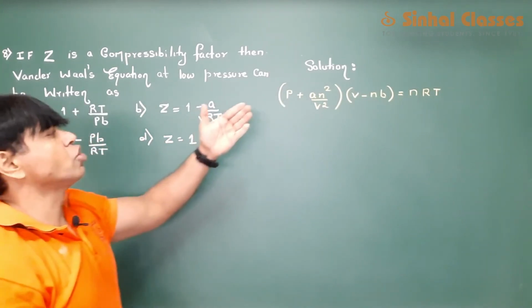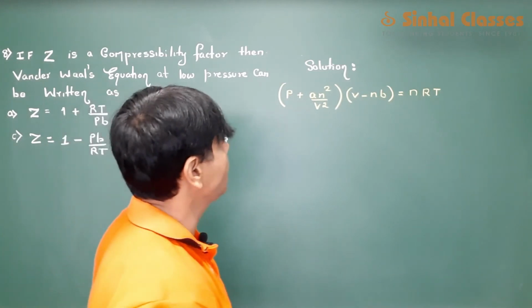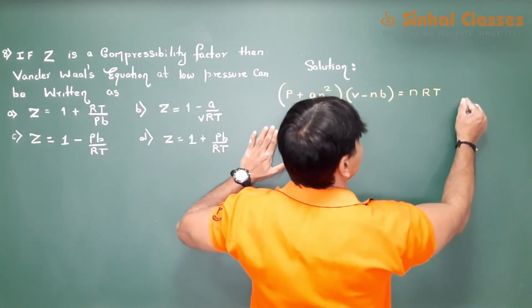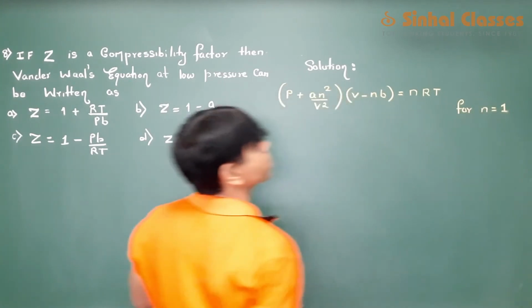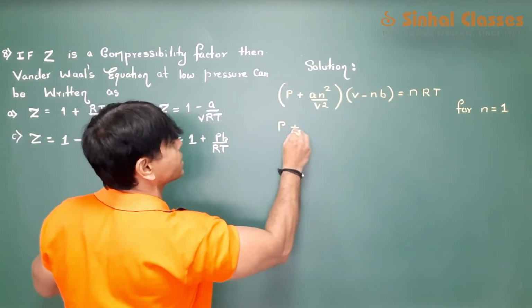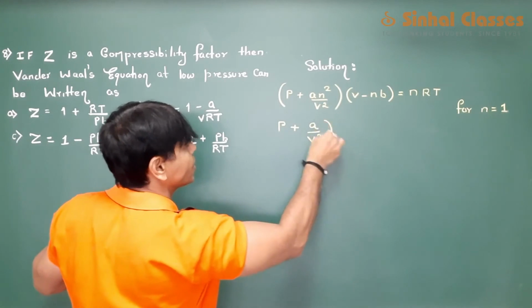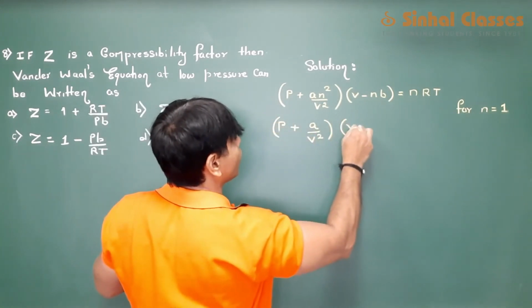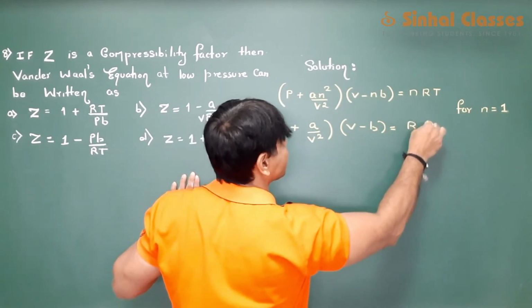This is your van der Waals equation. Now for 1 mole, n value will be 1. Now the equation will become (P plus A upon V square) into (V minus B) is equal to RT.